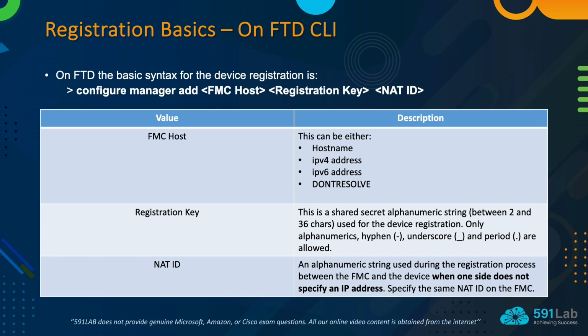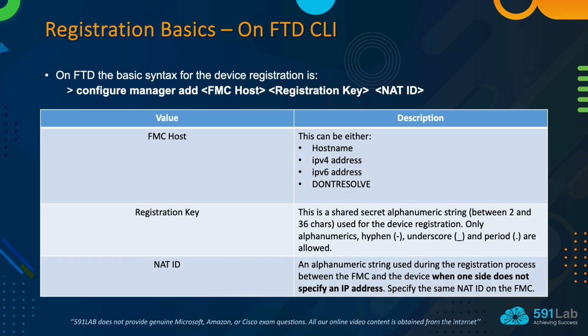Let's look at the registration basics on the FTD CLI. On FTD, the basic syntax for device registration is configure manager add. We have to put the FMC host, then the registration key, and then the NAT ID, which is optional.